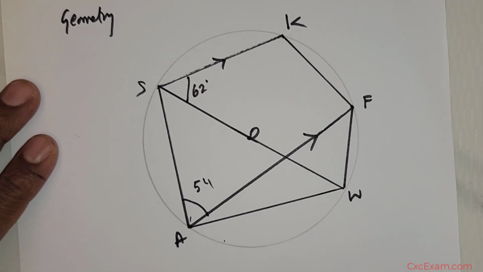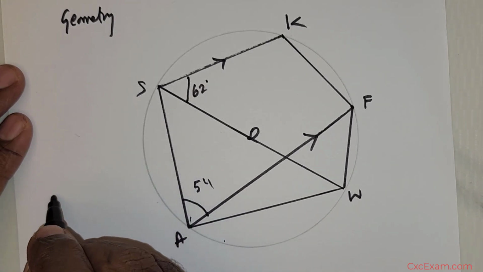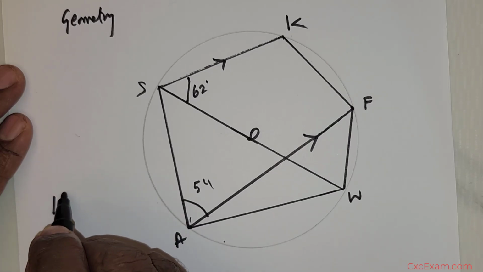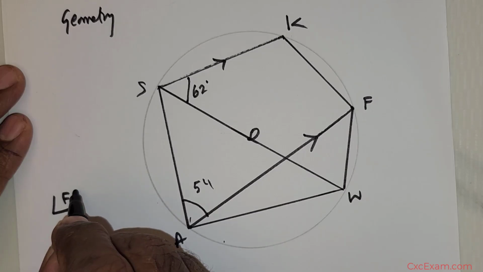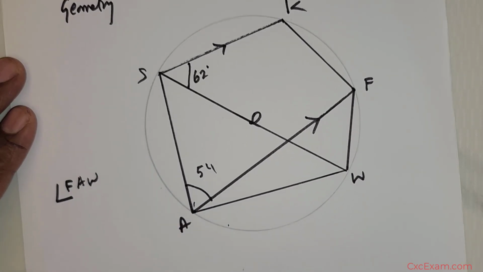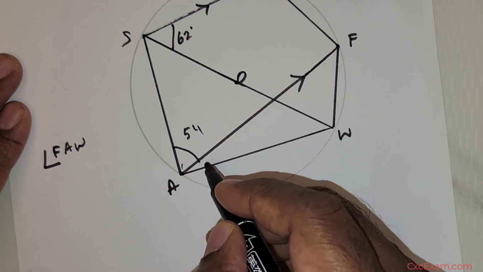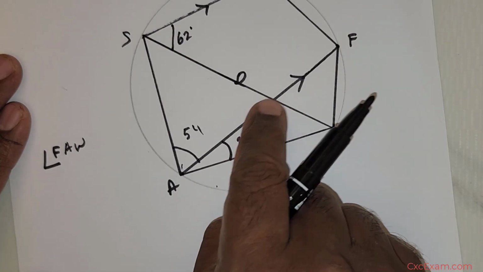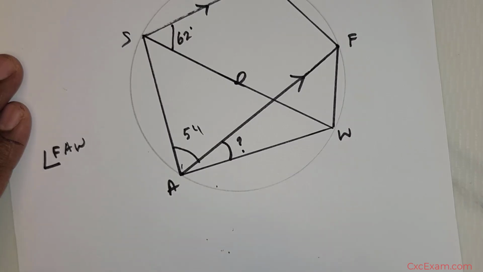What we are asked to do is find angle FAW. This is the first angle we are asked to find. We need this FAW, right?